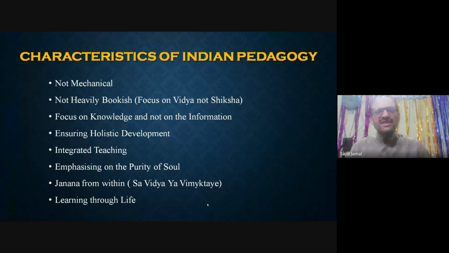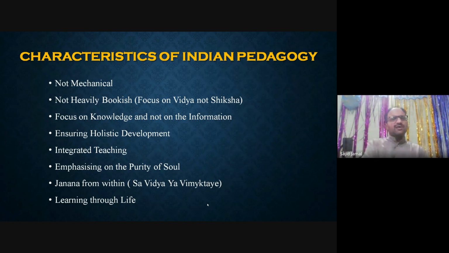So vidya is more important than shiksha. Why? Because it somehow includes learning in itself. There are so many ways, so many sources, and you keep on acquiring knowledge and information. So vidya is that which is acquired, taken, collected. And shiksha is that which is given. So our focus was on vidya, not on shiksha.